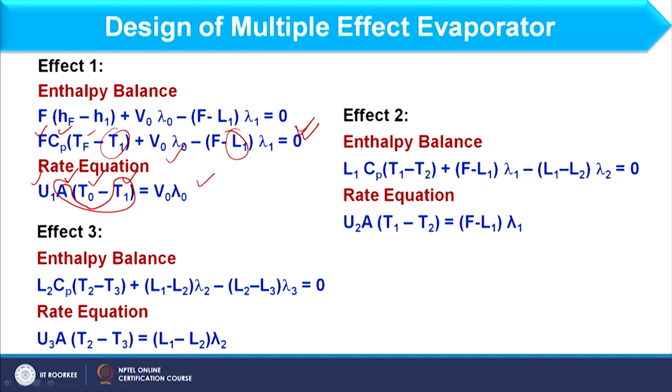Let us focus on the second effect. Here, in this equation, L1 is unknown and T1 and T2 are unknown. In a similar line, A and T1 and T2, all these are unknown. Further, for the third effect equation, L2 and T2 are unknown, and further we can consider A and T2 as unknown terms.